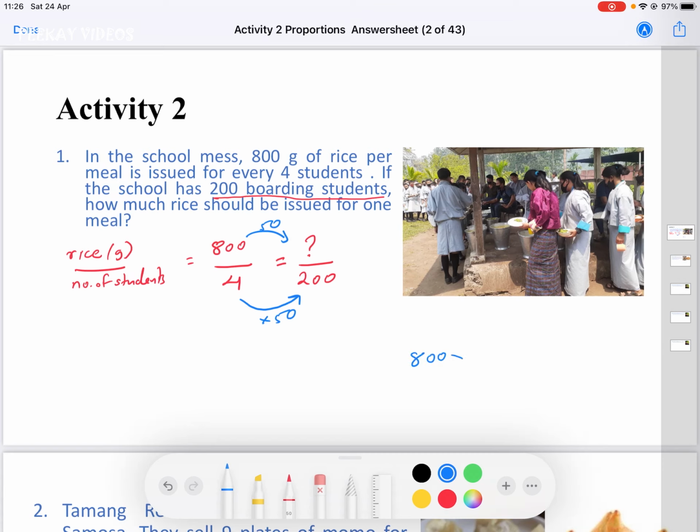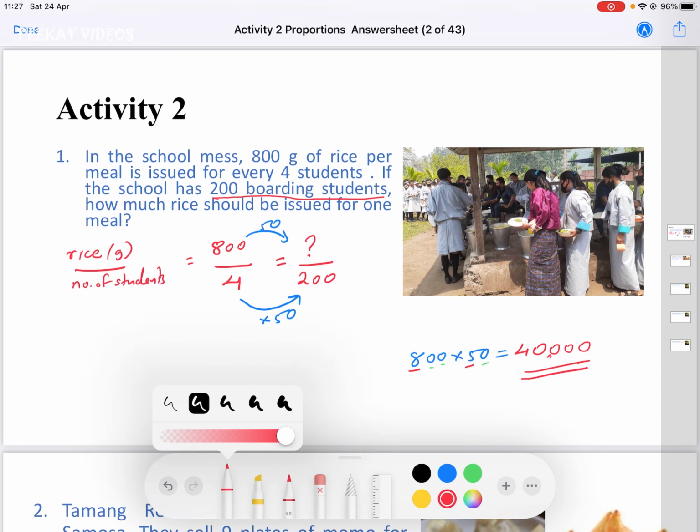So we see that 800 times 50 is same like multiplying 8 times 5, that is 40, and we add 3 zeros. 0, 0, 0. So that is 40,000 gram. So you can write it 40,000.